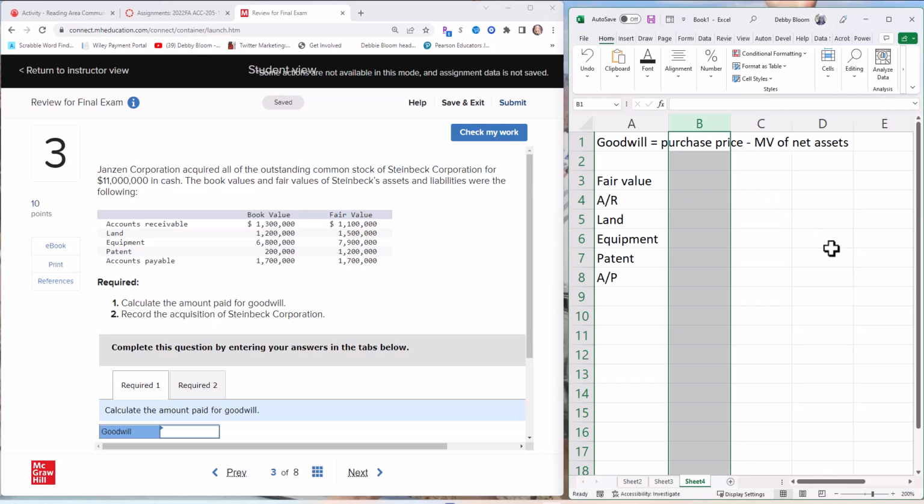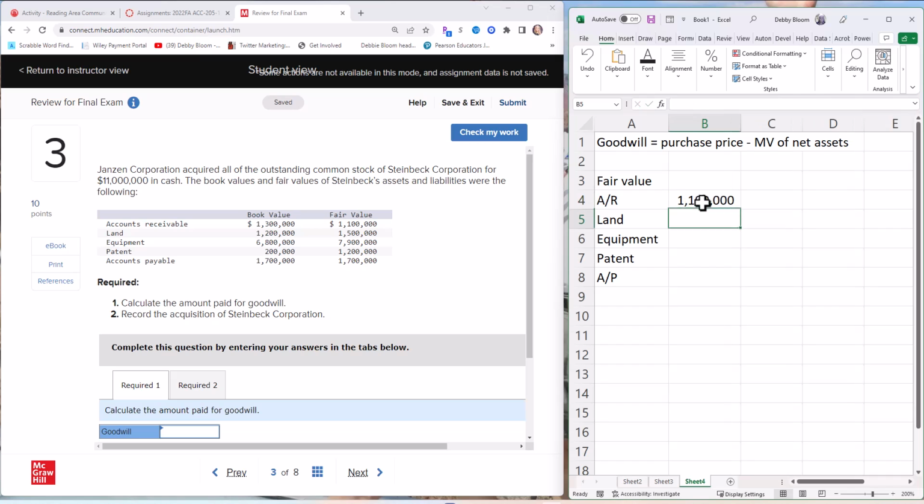So accounts receivable has a fair value of $1,100,000, land $1,500,000, equipment $7,900,000, patent $1,200,000, and accounts payable we need to subtract, so I'm going to put in a negative $1,700,000.